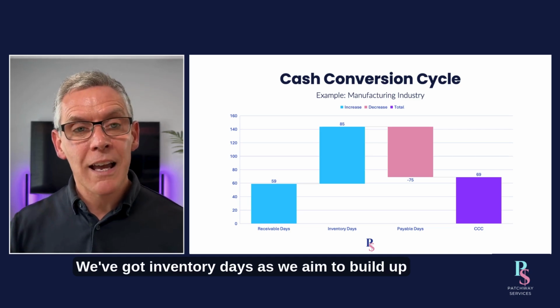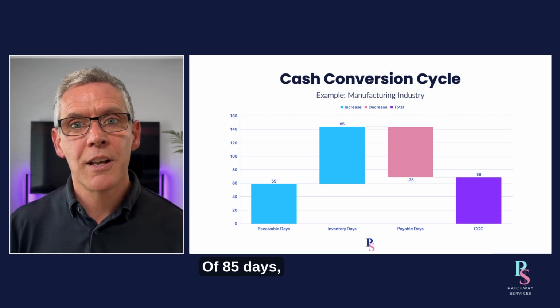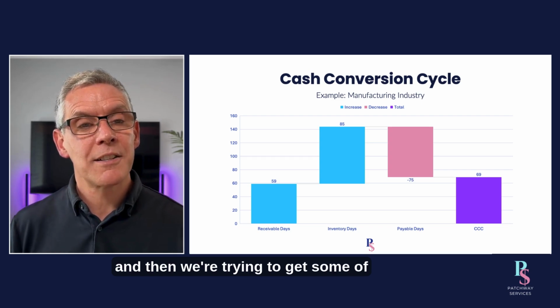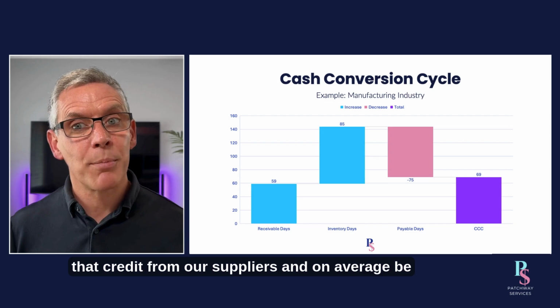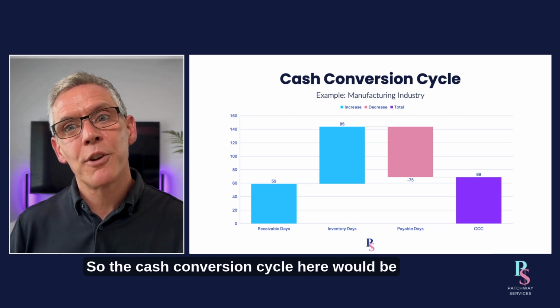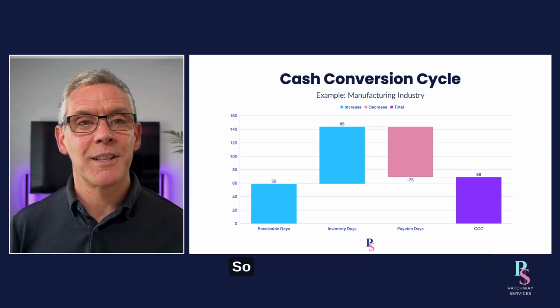We've got inventory days as we aim to build up our inventory to convert them into our finished goods of 85 days. And then we're trying to get some of that credit from our suppliers, and on average be 75 days. So the cash conversion cycle here would be just over 2 months at 69 days.